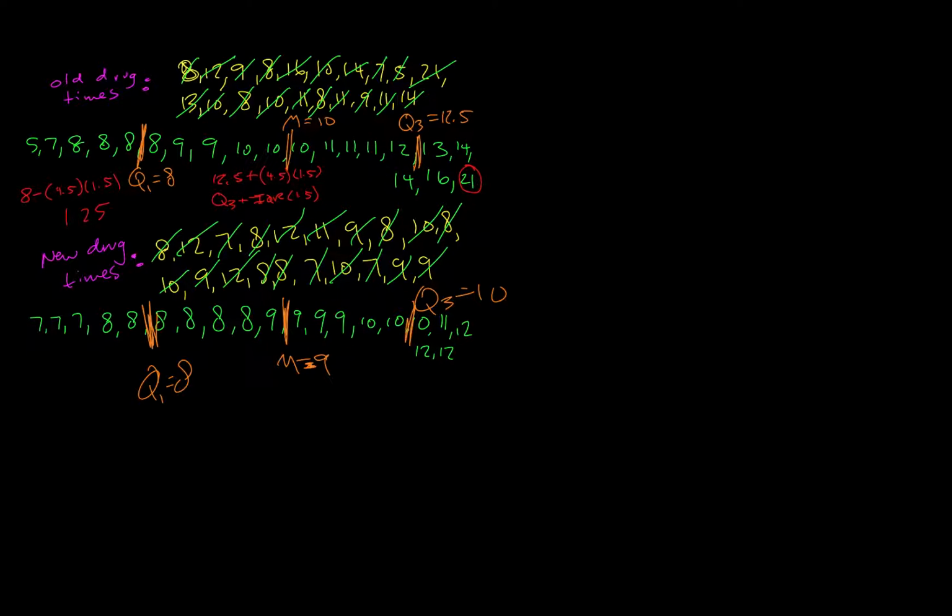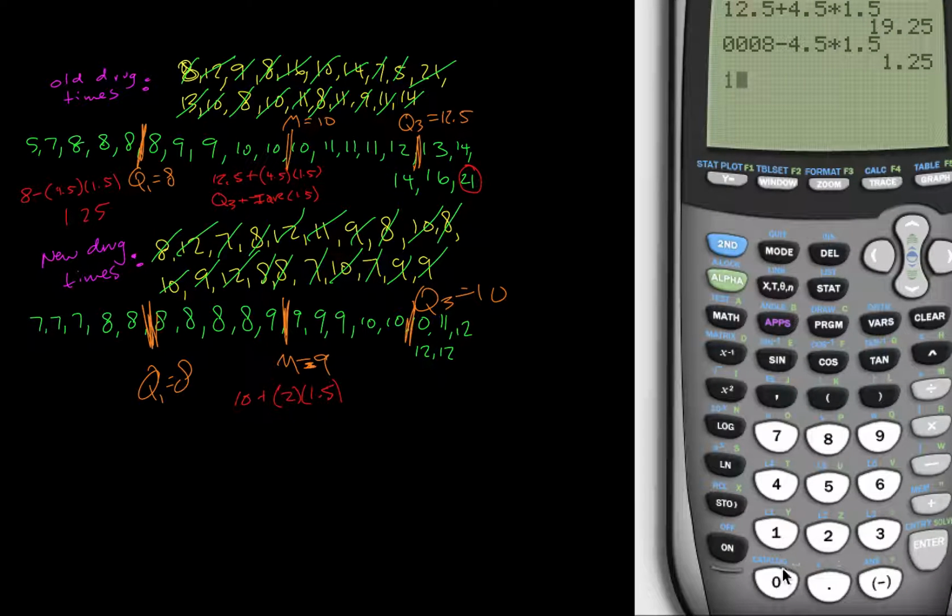Now we're going to test for outliers. So we're going to say Q3, which is 10, plus the IQR, which the difference between 10 and 8 is just 2, times 1.5. So if we do that in the calculator, 10 plus 2 times 1.5, that's 13.